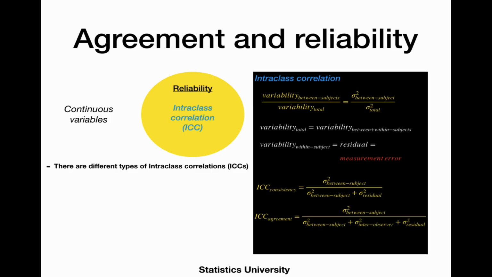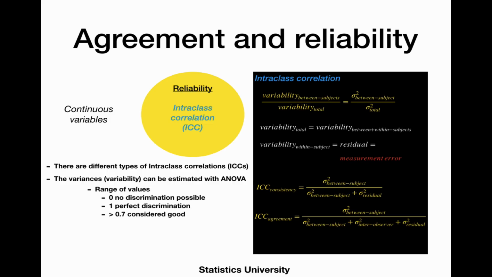But there's another ICC, which is called the agreement, where we include in the total variance the term for the inter-observer variability or variance. And that one is only used in studies where you also compare the inter-observer reliability. I know it's pretty confusing that they call this agreement, but it's just something that has been adopted in the literature. Now, these variance terms can be estimated with an ANOVA analysis.